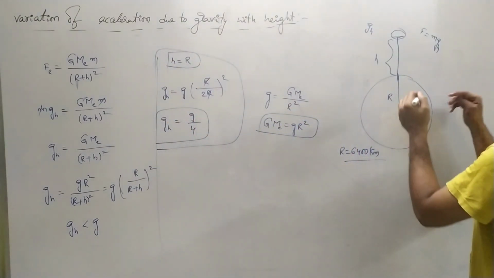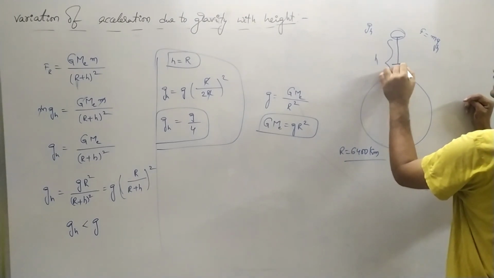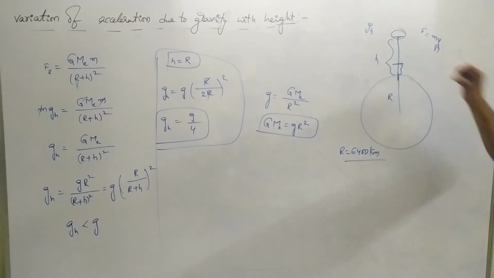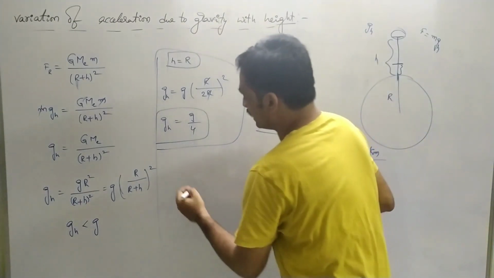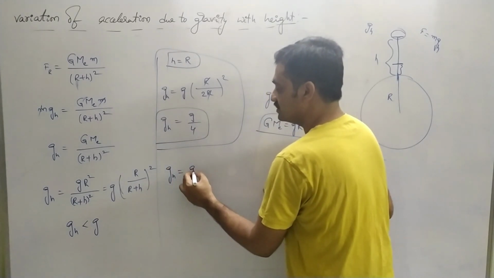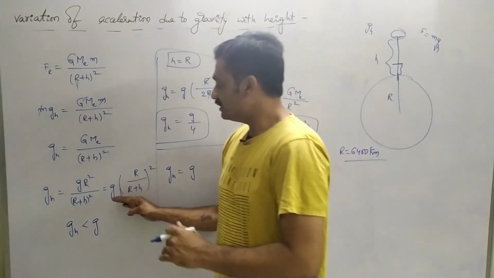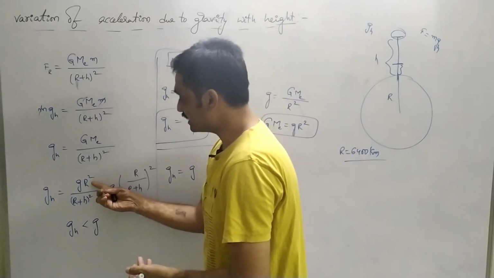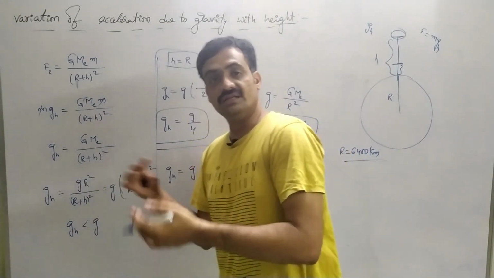Let us consider the body is placed very near to the surface of the earth. As compared to the radius of the earth, height is negligible. Then acceleration due to gravity at height h is given as g_h = g into. I am going to represent this expression in a reverse way, meaning I am going to bring this r squared in the downward direction.